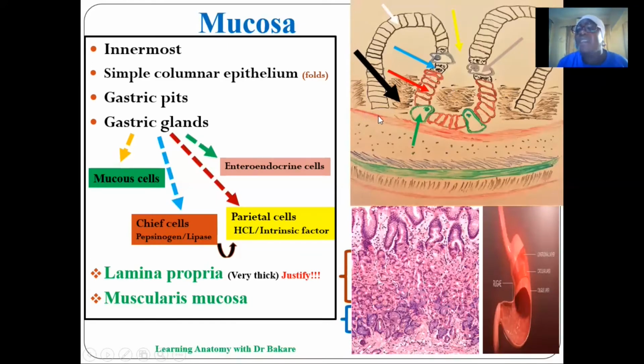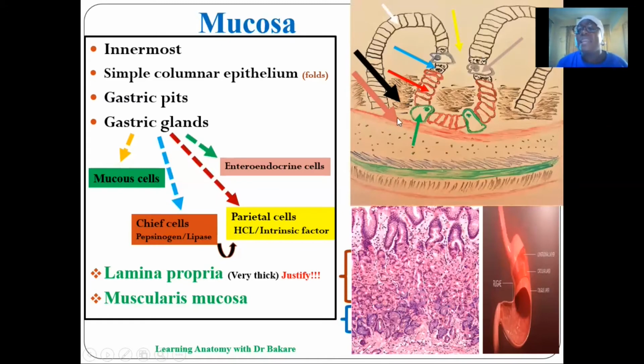Then we also have an underlying Muscularis mucosa. This is the Muscularis mucosa. That's the muscular component of the mucosal layer. We also have other muscular layers which will be discussed during this lecture. But this muscular layer is a structural component of the mucosal layer because you see it just inferior to the lamina propria.